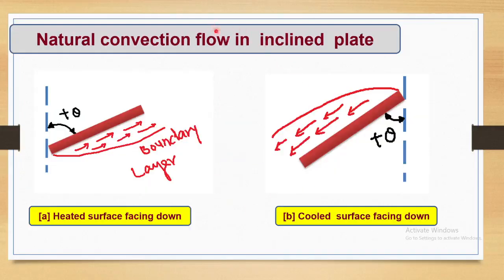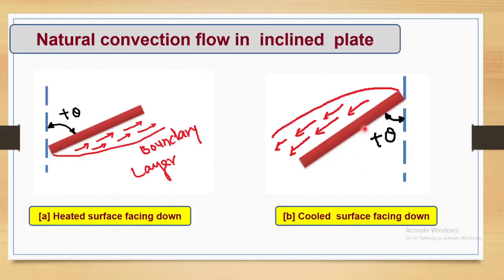Natural convection flow in an inclined plate. Let us say the plate is inclined in such a way that its heated surface is facing down. In this case, the orientation is taken as positive. So because of heat transfer between the plate surface and the fluid, boundary layer formation will take place in the downward direction.